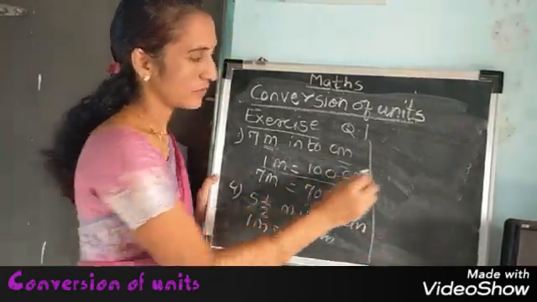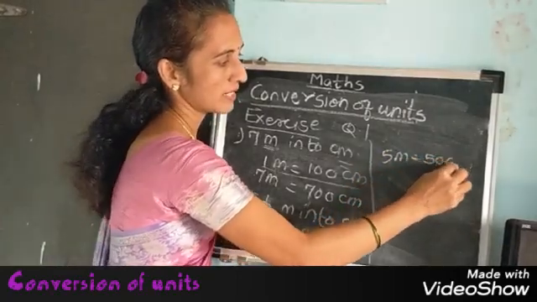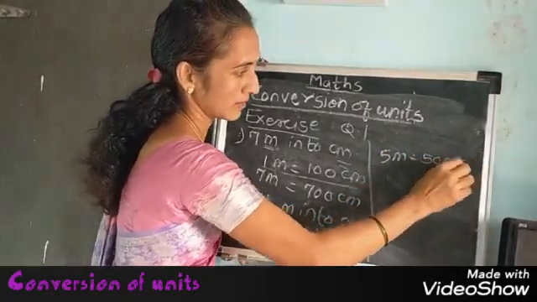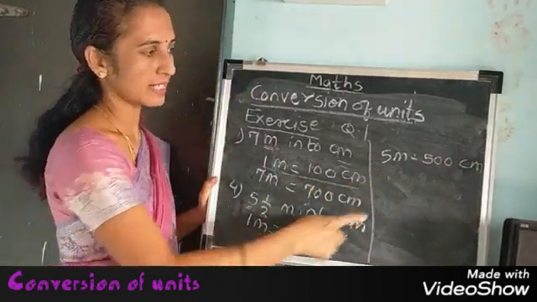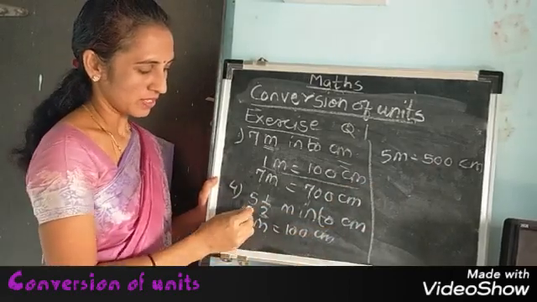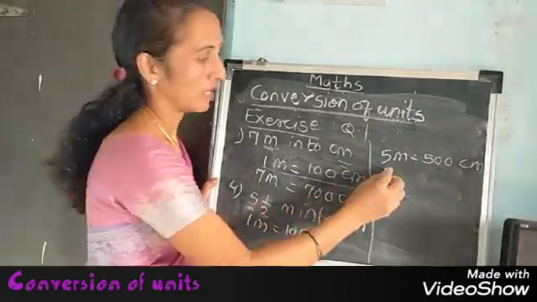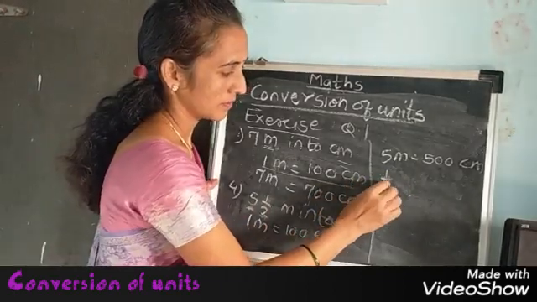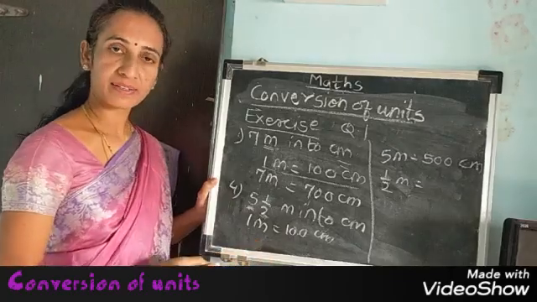Okay. See, first we will find 5 meter is equal to 500 centimeter. Just put 2 zeros. Now this 5 we have counted. Now we will count half meter. Now do half of this 100.